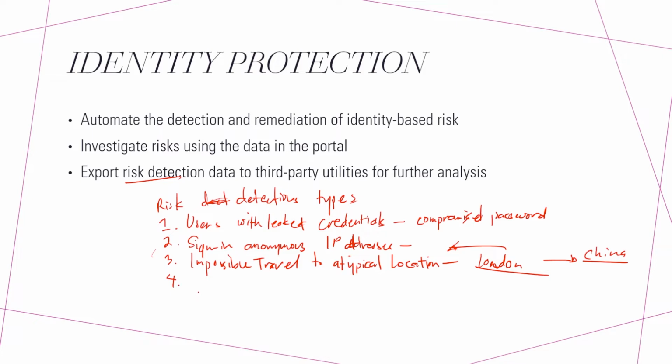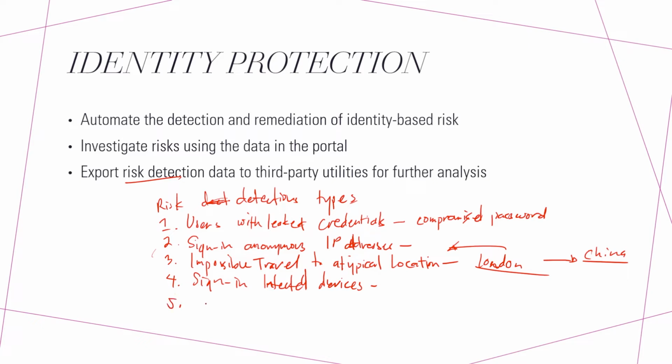Fourth one is sign-ins from infected devices. So that's pretty straightforward. Azure AD can detect sign-in from infected devices. This is actually done with the help of Defender ATP or Intune, mobile device management. So they can detect the infected devices.